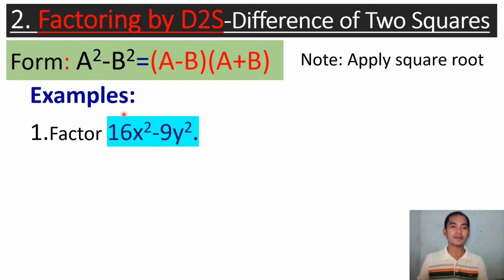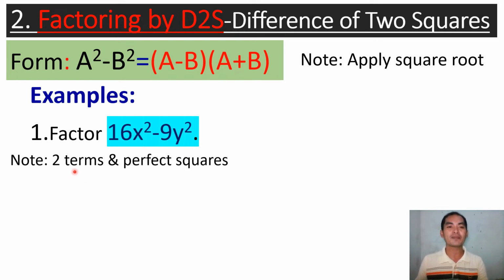Example, factor 16x squared minus 9y squared. First step, take note that there are two terms and the two terms are perfect square and the sign between the terms is negative. Therefore, you can apply factoring by D2S. Anong gagawin?